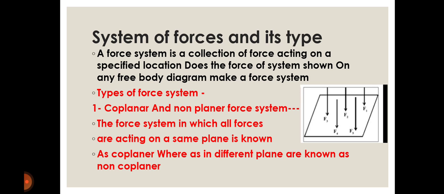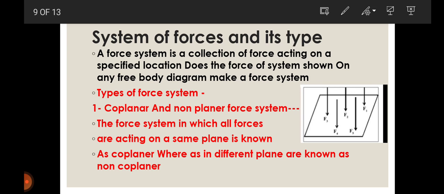System of forces and its types. A force system is a collection of forces acting on a specified location. Does the force of a system shown on any free body diagram make a force system? There are types of force system. First one is the coplanar and non-coplanar force system.